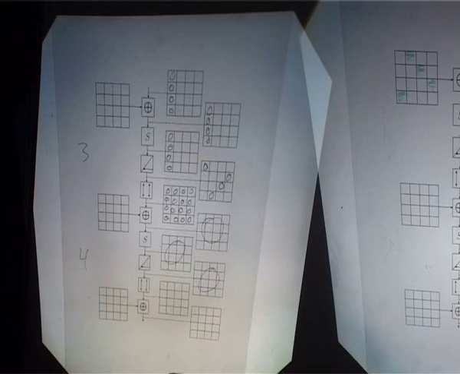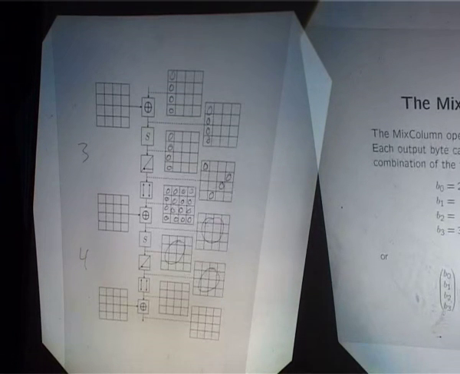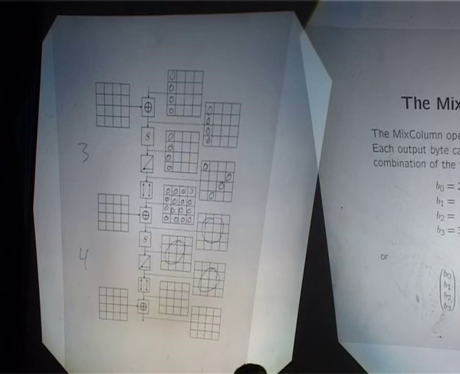Let's have a look at the mixed column operation. The mixed column is linear. It's a mathematical term. It means if you apply a mixed column to the sum of 2 inputs, you might as well apply the mixed column to the individual inputs and add the results.